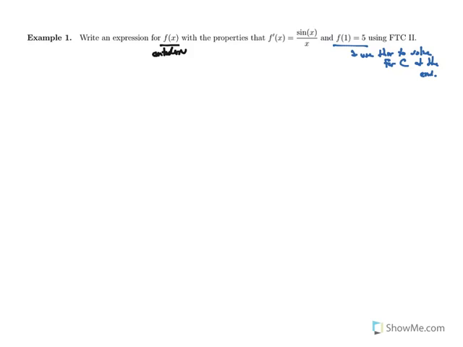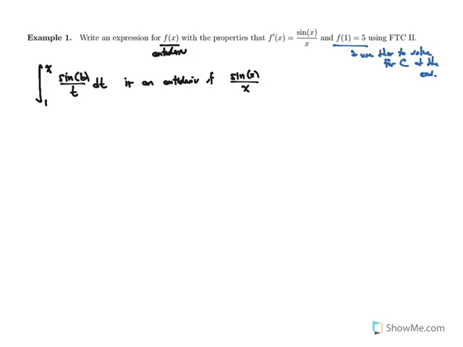So the second part of the fundamental theorem of calculus says that the integral from any constant to x of sine of t over t dt is an antiderivative of sine of x over x.